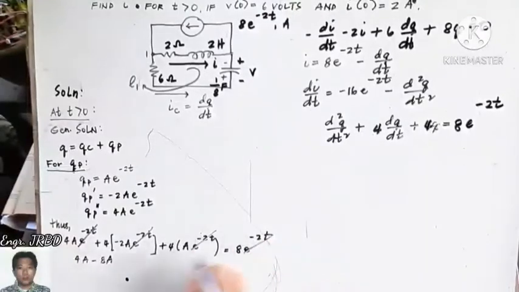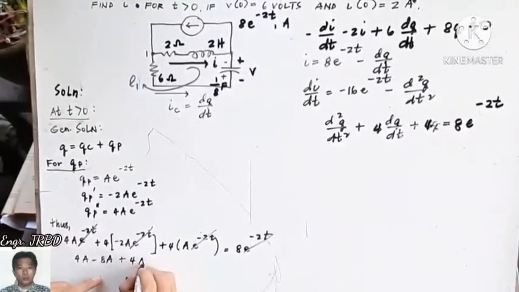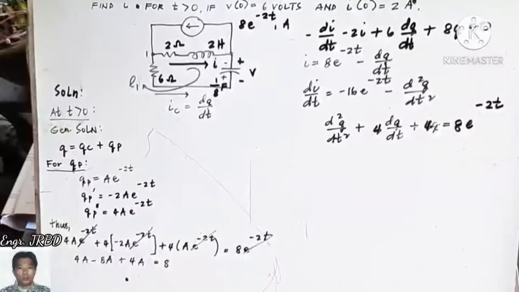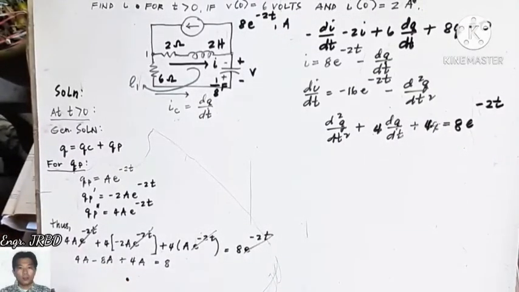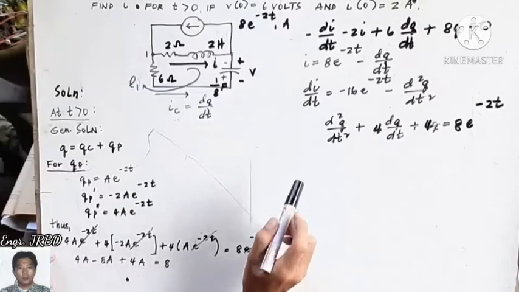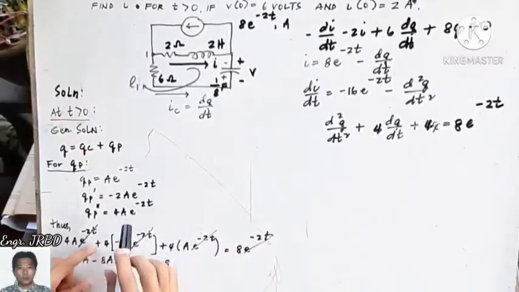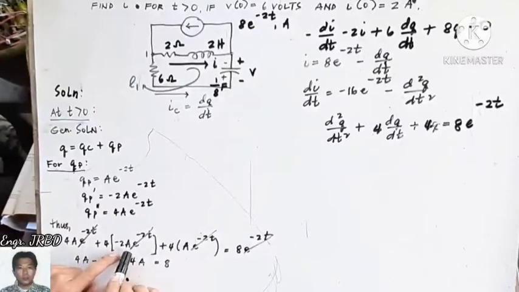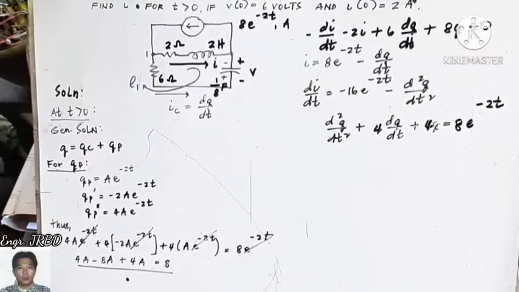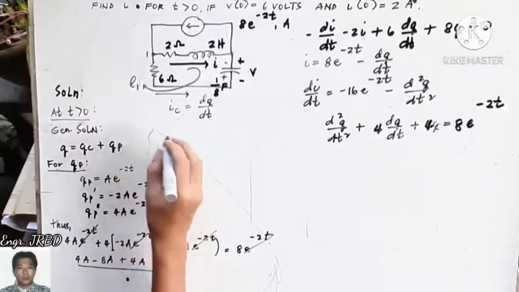So this will cancel. 4a minus 8a plus 4a is equivalent to 8. Okay, but as you can see, this is second derivative, first derivative. Your every variable will now cancel.